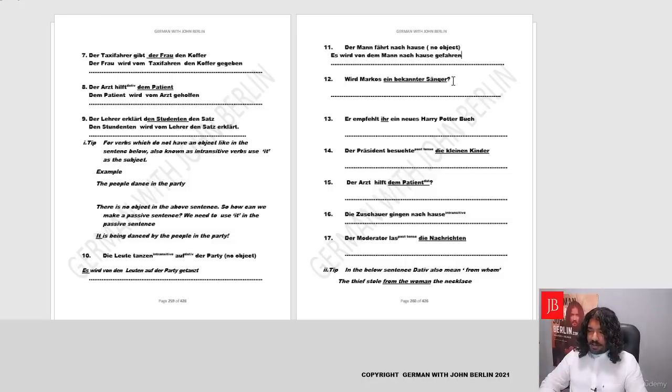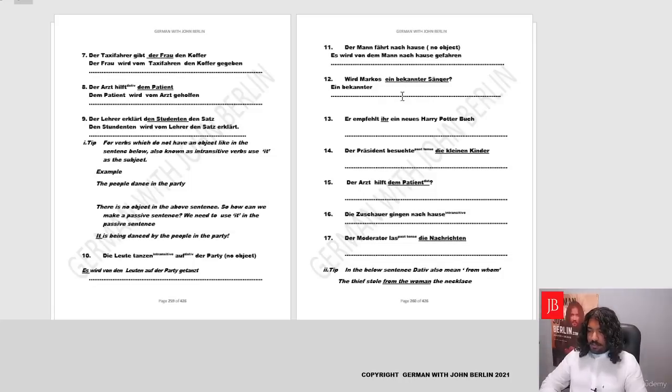Wird Markus ein bekannter Sänger? Okay, now this is an interesting sentence. Basically, you have the object ein bekannter Sänger. It'll remain ein bekannter Sänger. It already is in nominative since werden is a nominative verb. Okay, it's a question, sorry.